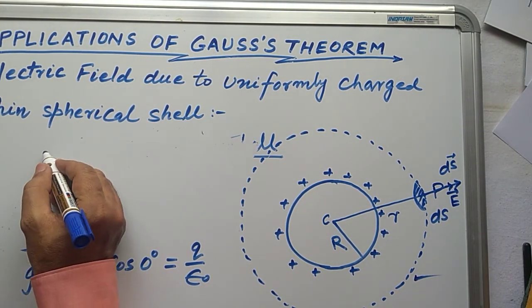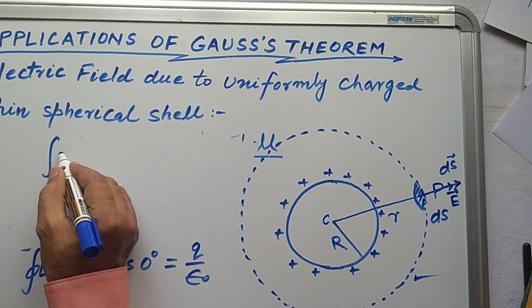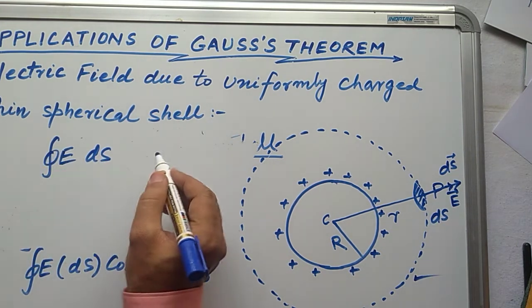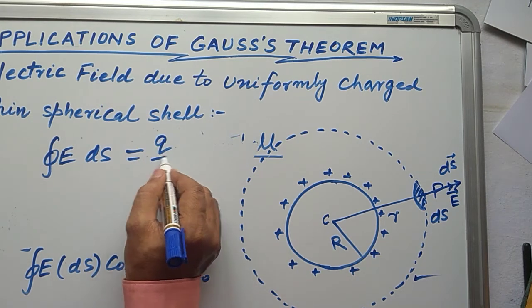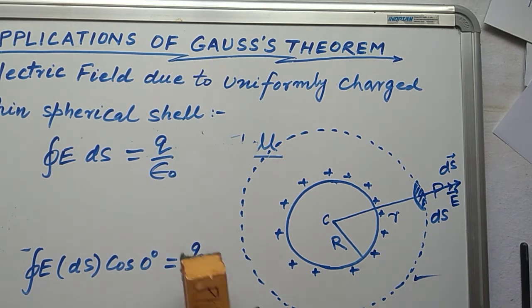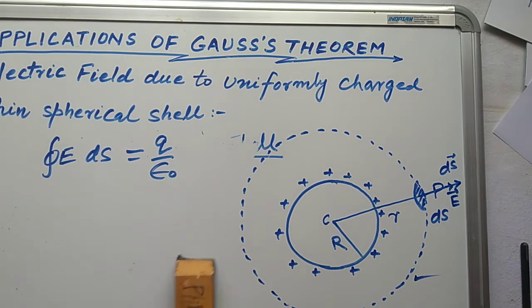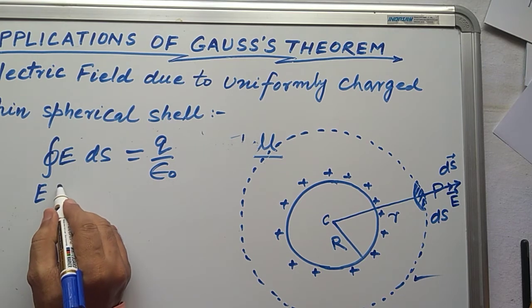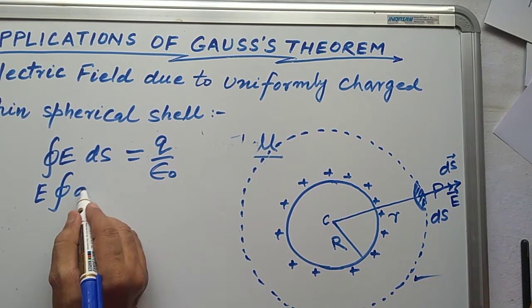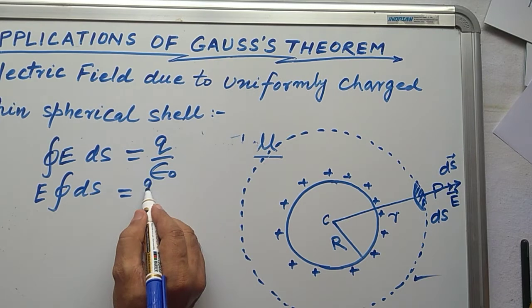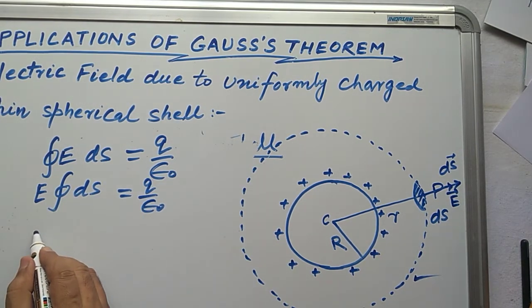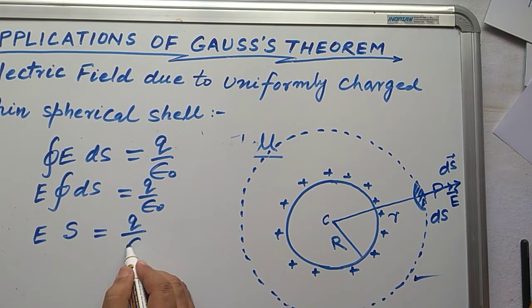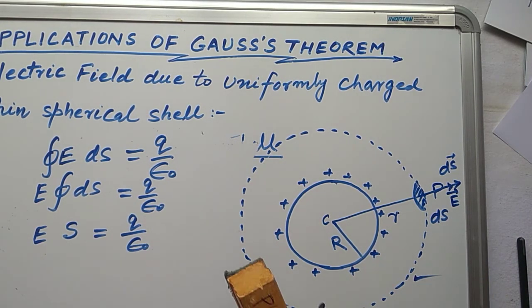So integration E ds equal to q by epsilon naught. E integration ds equal to q by epsilon naught. E into S equal to q by epsilon naught.